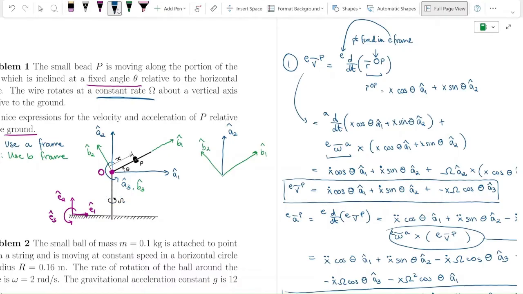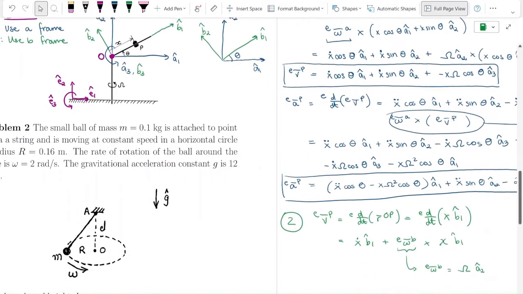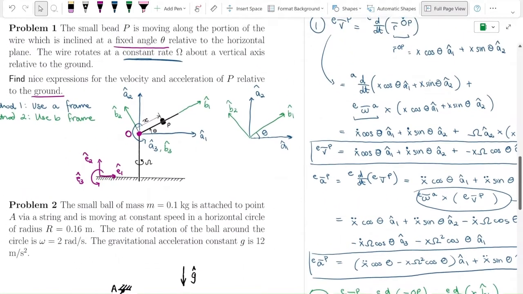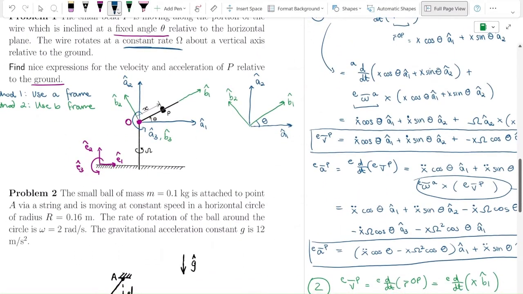And then we also know from the geometry of the problem that B1 hat is always at an angle theta relative to A1 hat. So we can rewrite this then. We can write the geometry now as this angle is 90 minus theta.